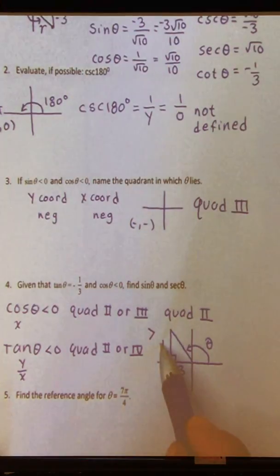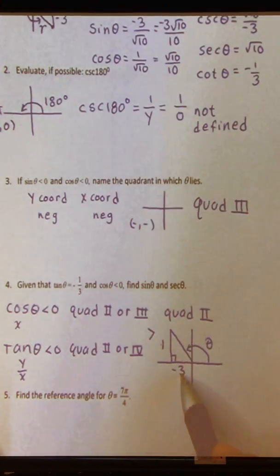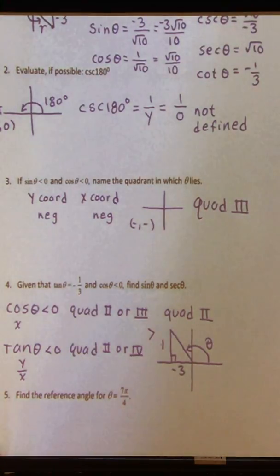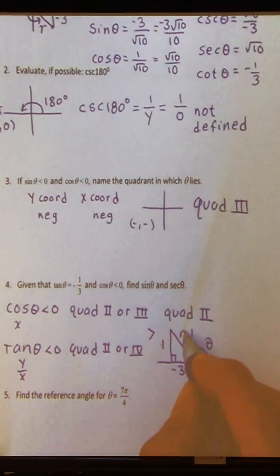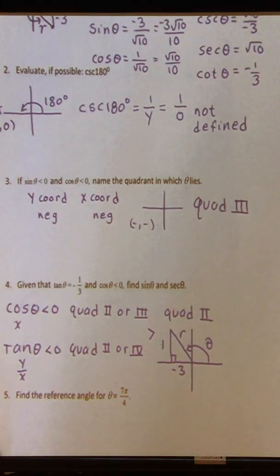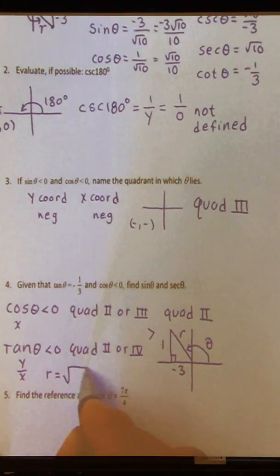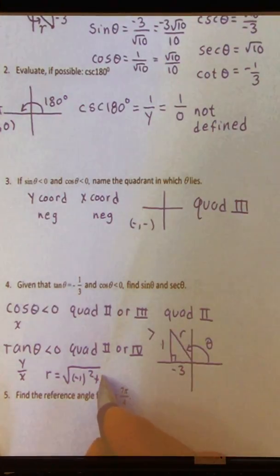Tangent is opposite y over adjacent x, and 1 over negative 3 is what is given. Okay, to find the sine and the secant, well, we're going to need to get the value of r there and use the Pythagorean theorem to do that. So we'll squeeze it in right here. R is the square root of x squared plus y squared.